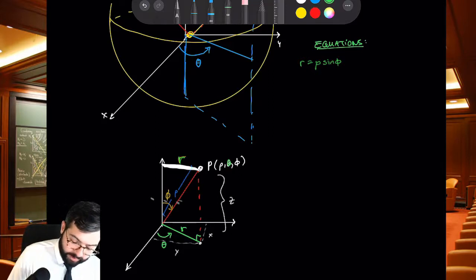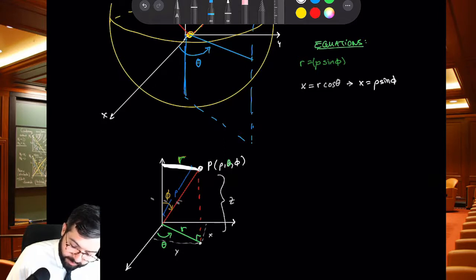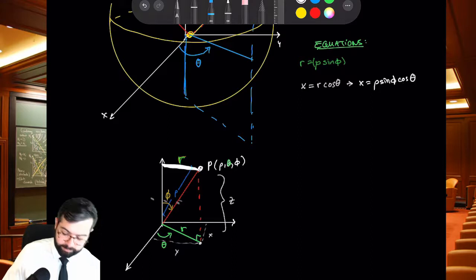So why that is helpful is because we know that x is really r cos theta, which tells us that x is really rho sine phi cos theta, if that's r.